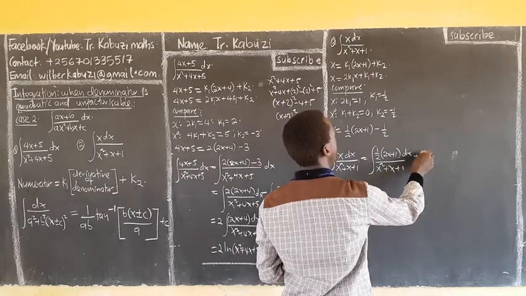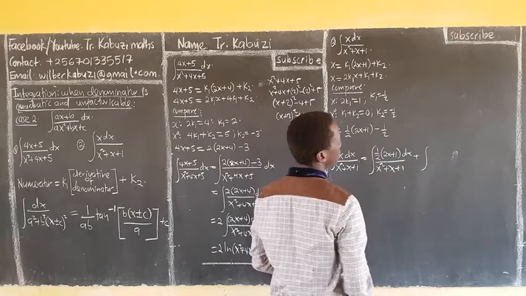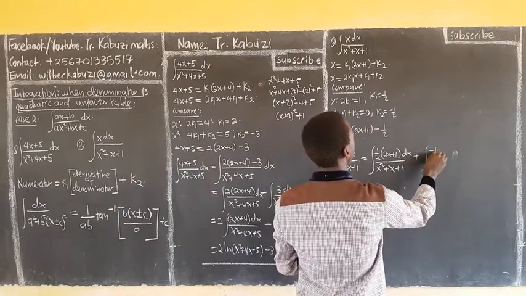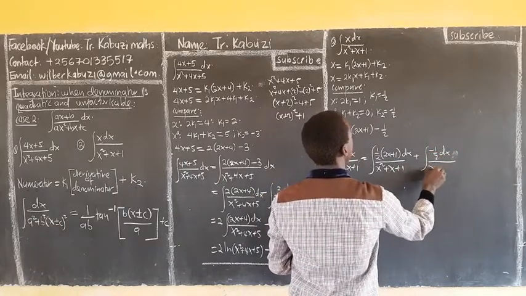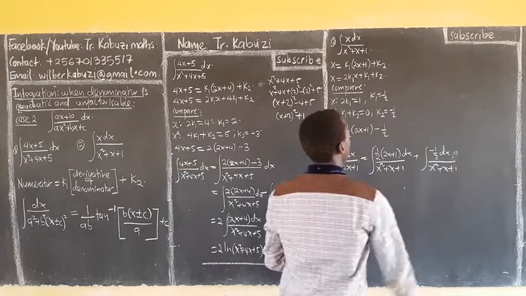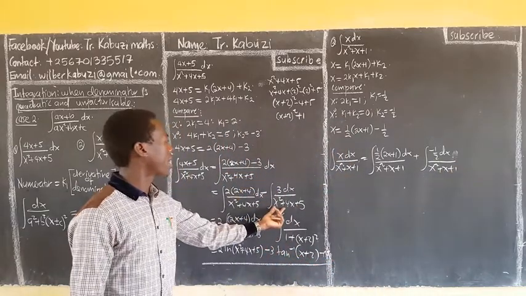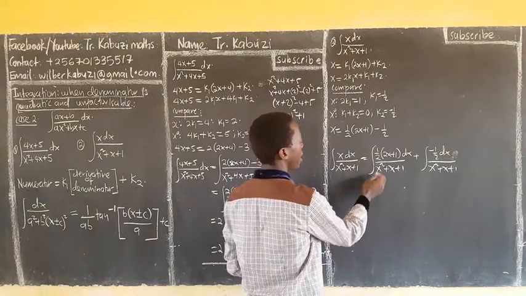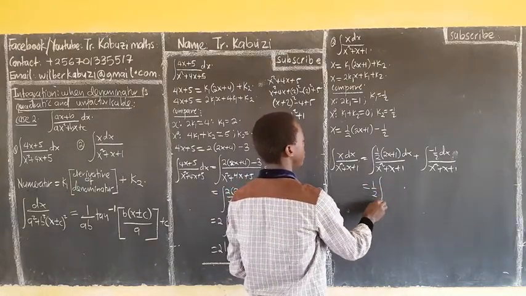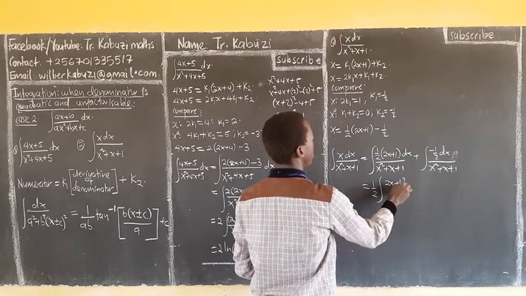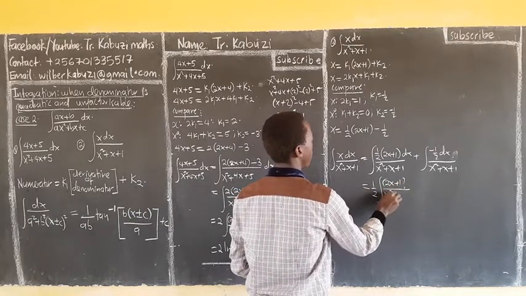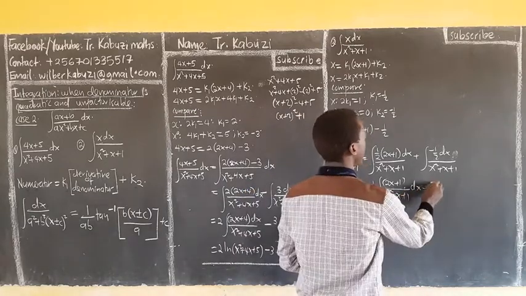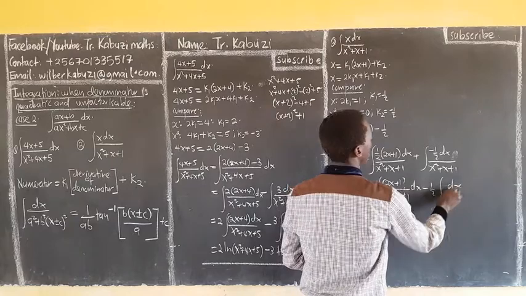Then plus integral. Now I'm going to separate at once. This is negative a half dx over. From this step, I come to this. So from here, you see it's a function and its derivative, 2x plus 1. Then here, if I remove this negative half, I have the x over.